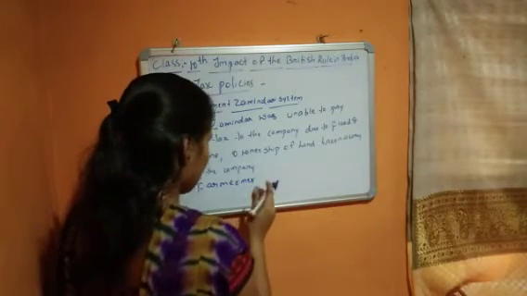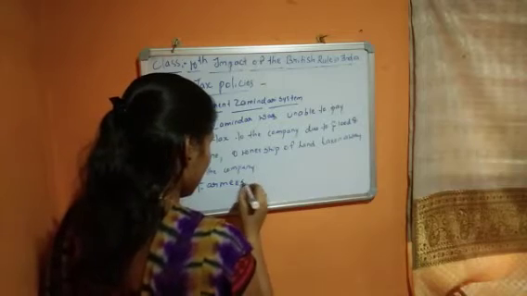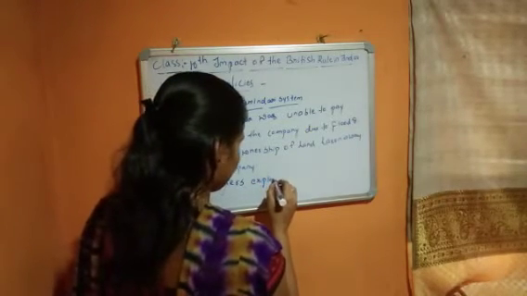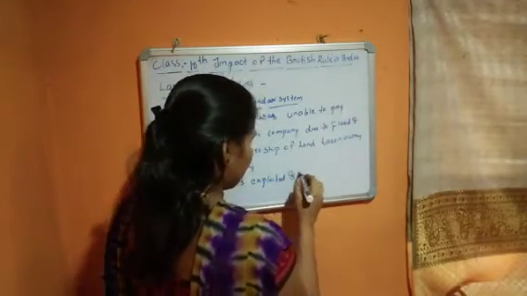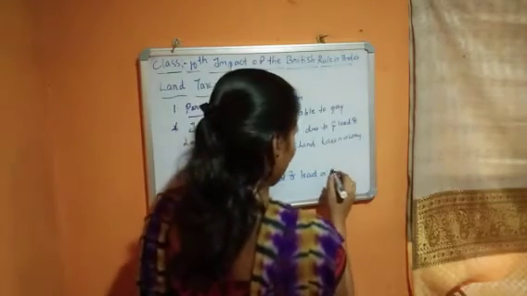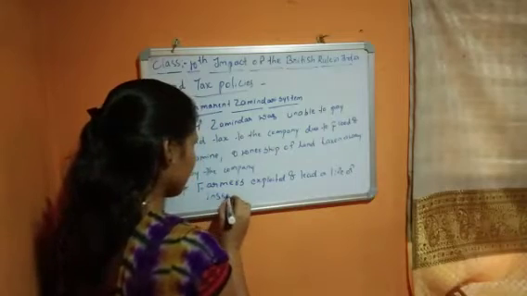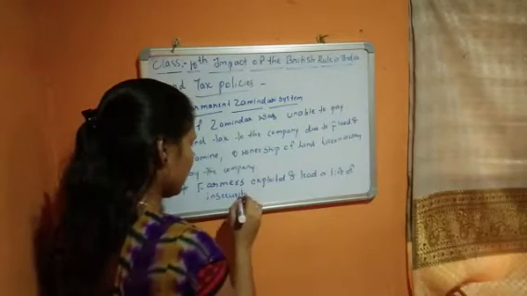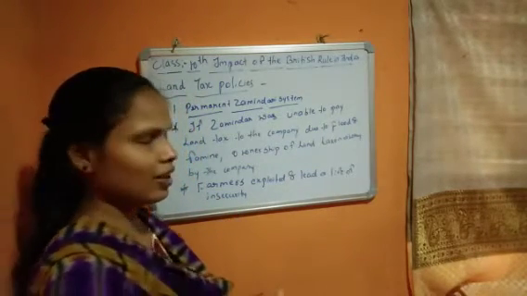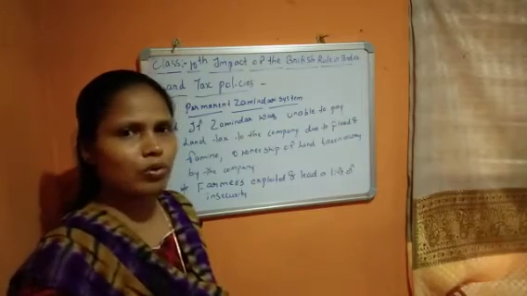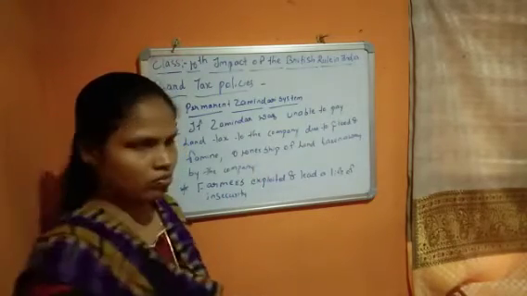Farmers exploited and lead a life of insecurity. Zamindars collected a large amount of tax from the farmers.